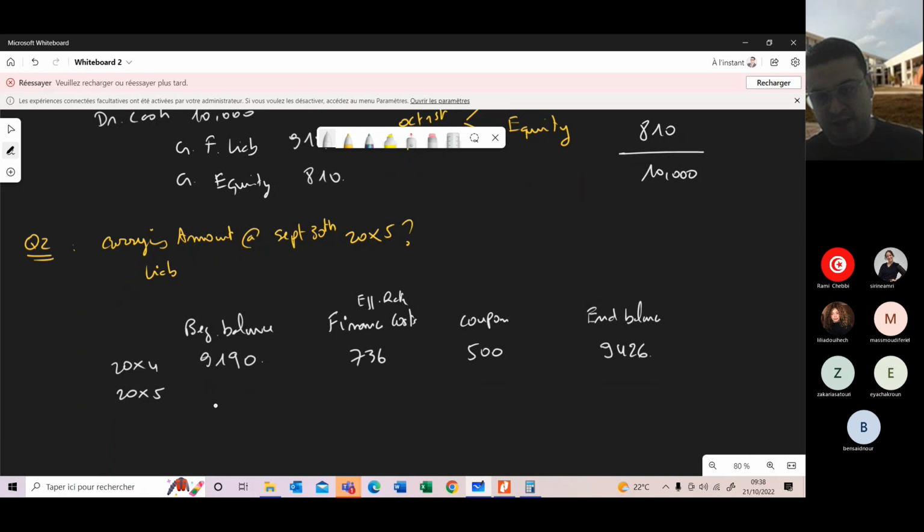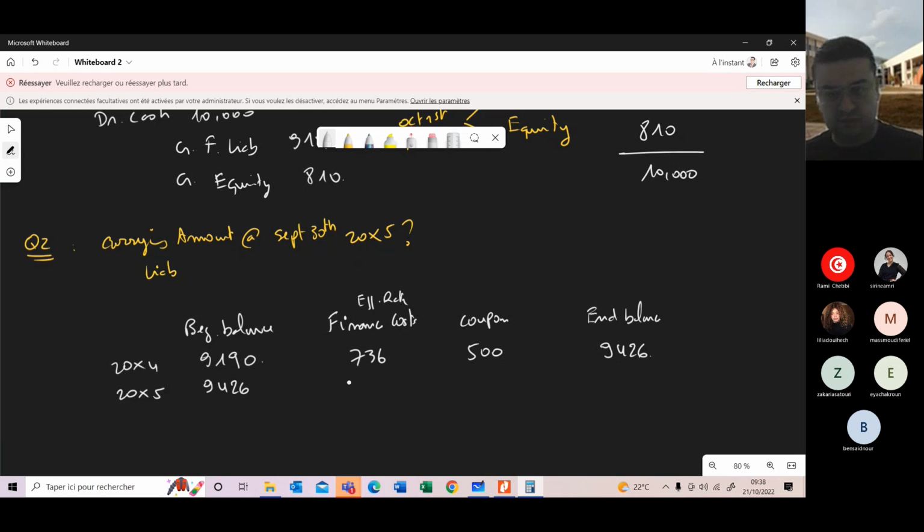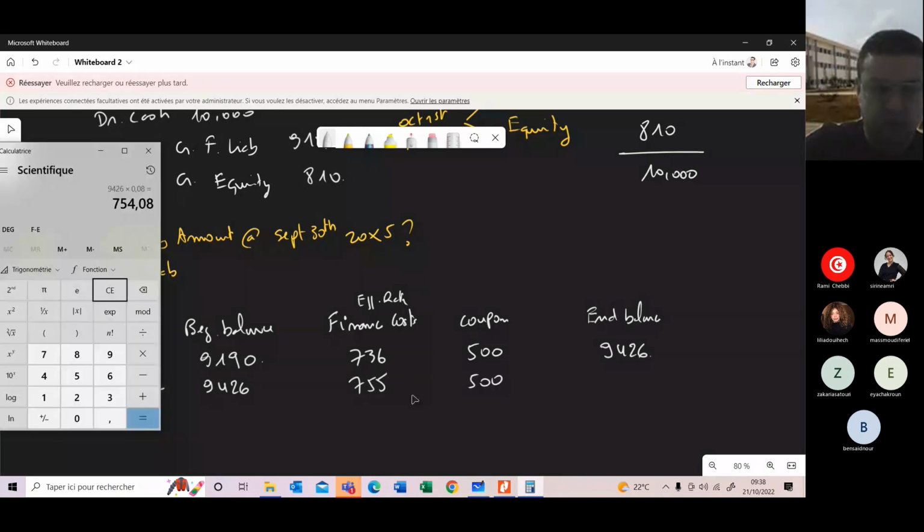So this is the ending balance that you start with, the beginning balance for 20x5, so 9,426 times 8%, 755. So 9,426 plus 755 minus 500.